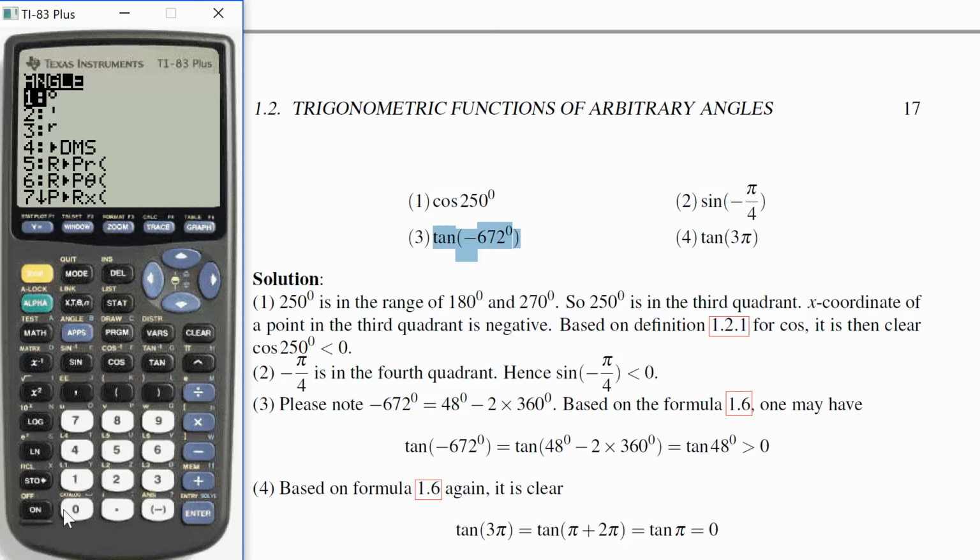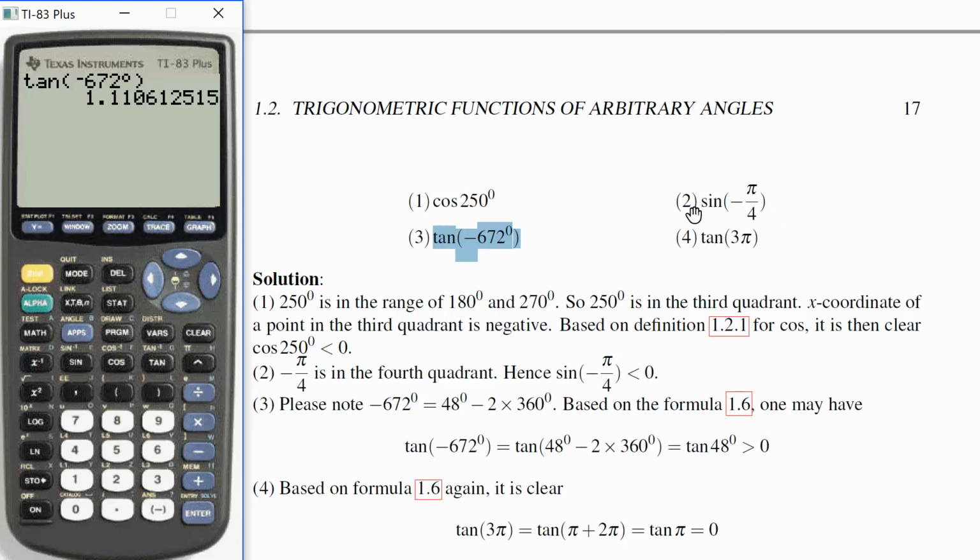So then you click on 1, then hit enter, close bracket, and then enter. It is 1.1106 and more. So it's basically what? Positive. Okay, basically positive.